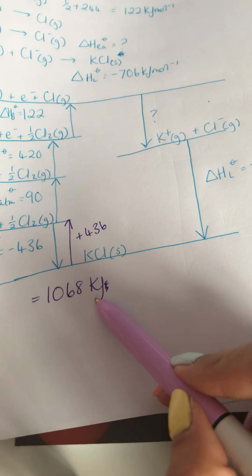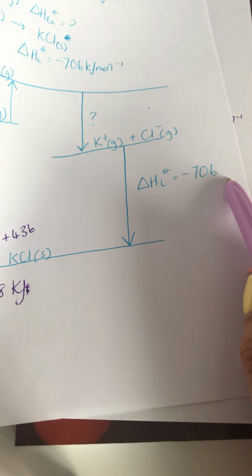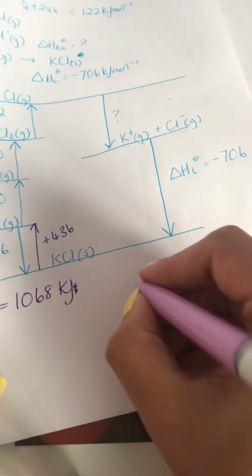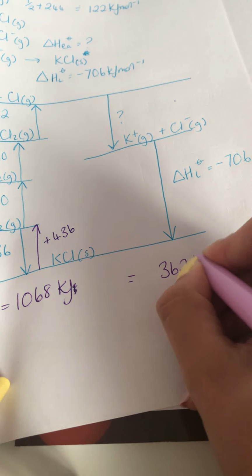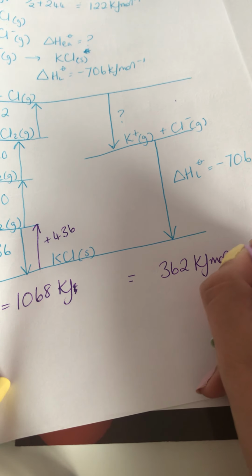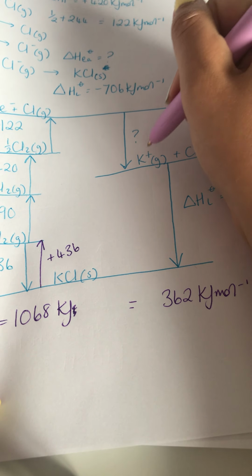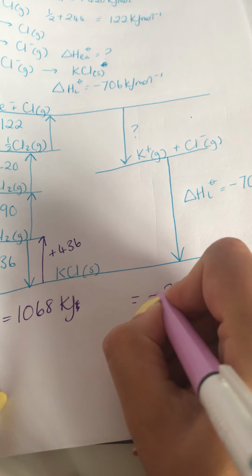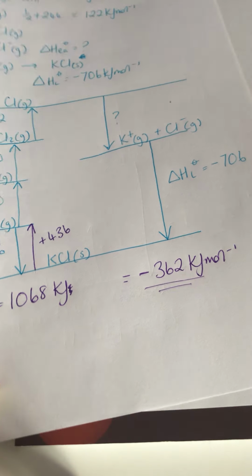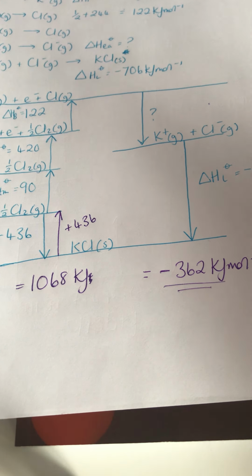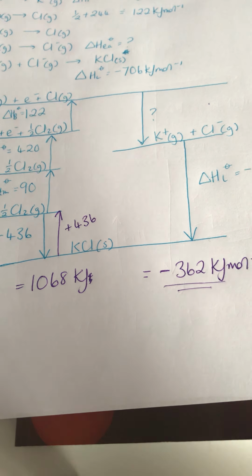So I've got 1068 minus 706, which tells me that the difference is 362 kilojoules per mole, and because it is an electron affinity and I know it's pointing downwards, it's going to be minus 362 kilojoules per mole, which is my final answer. I can double check it by checking the left hand side is equal to the right hand side.